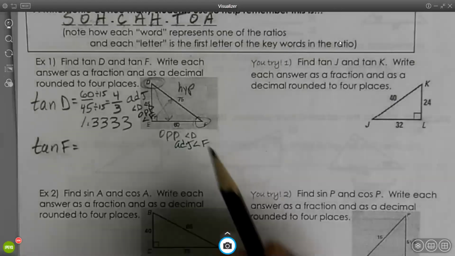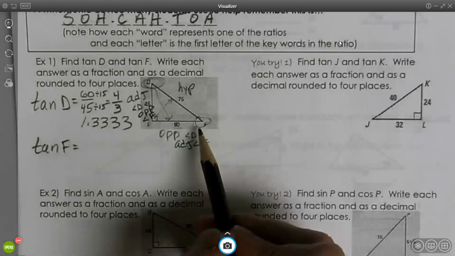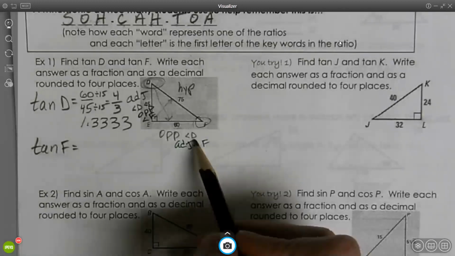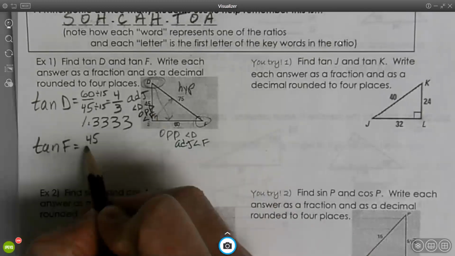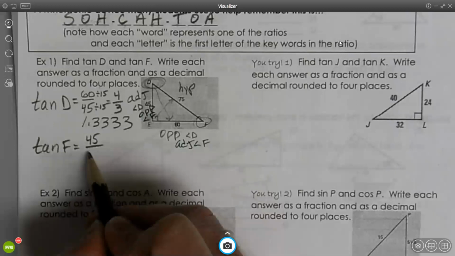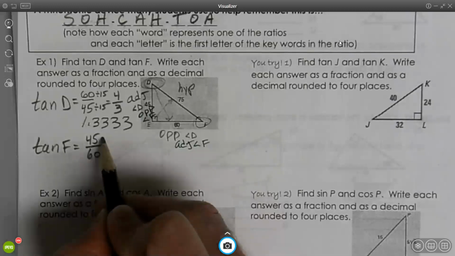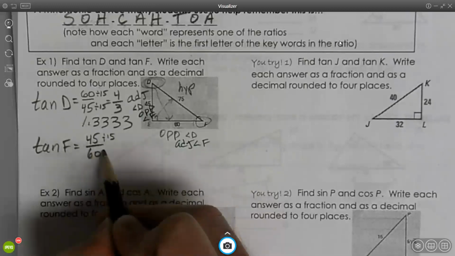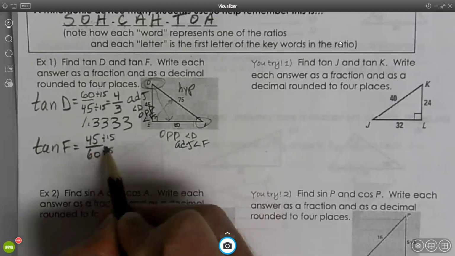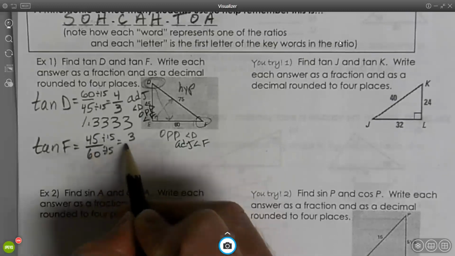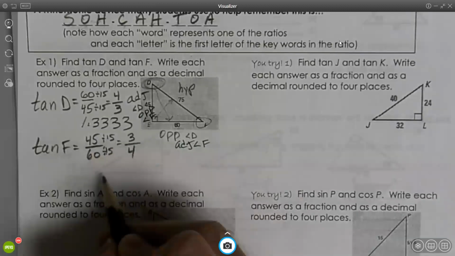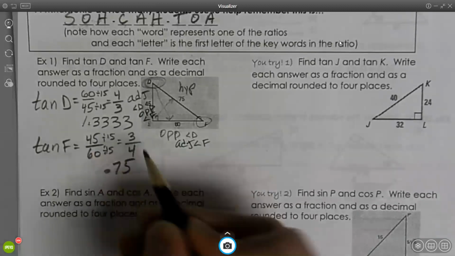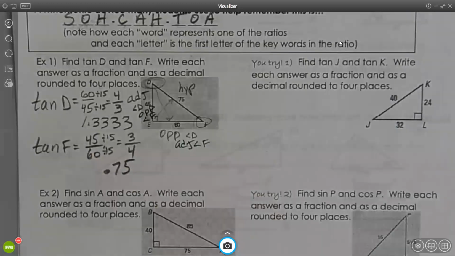So when we talk about what is the tangent from F, the opposite is the 45 and the adjacent is the 60. We, of course, can still reduce that by 15 for both of them. We get 3/4, and most of us are familiar that that's the decimal of 0.75.